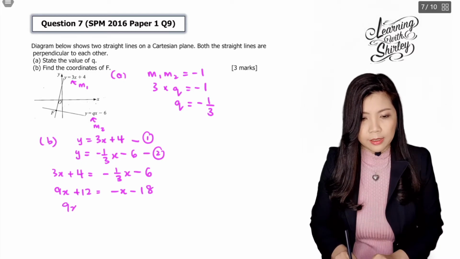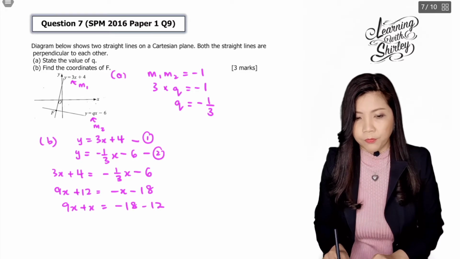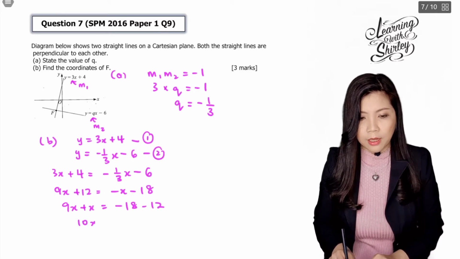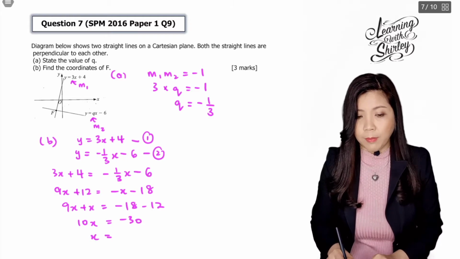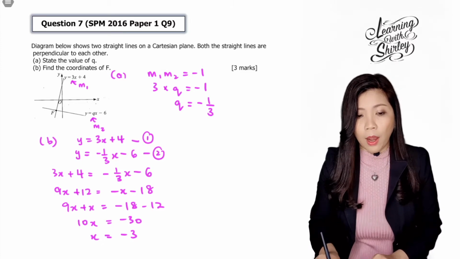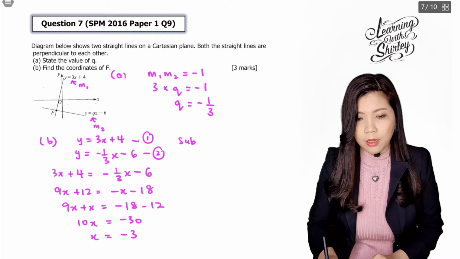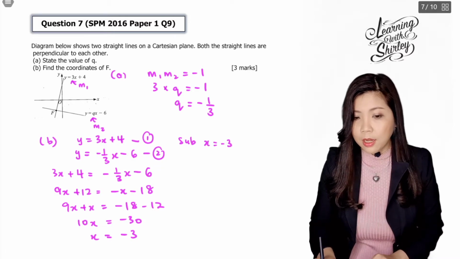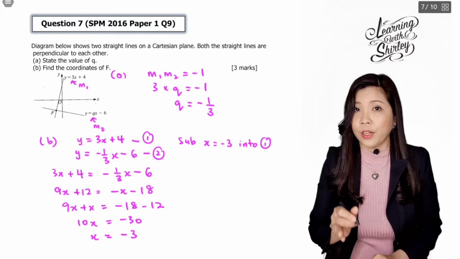So 9x plus x equals -18 minus 12. This will be 10x equals -30. So therefore, x is -30 divided by 10, which is -3. Now we have to find the coordinate of y. I'm going to substitute x equals -3 into equation 1, because equation 1 is easier, there is no fraction.